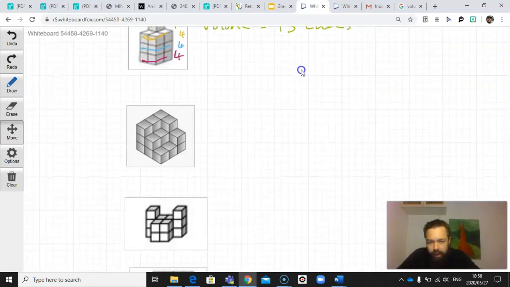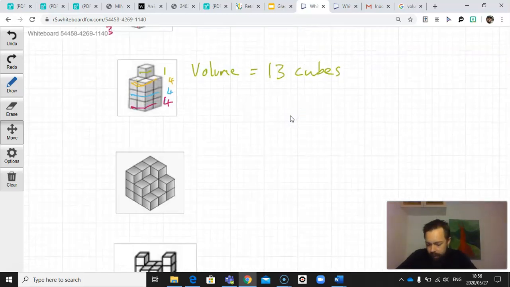Let's have a look at the next one. We've got 3 to go. So this one's a bit difficult because all of the levels are quite different. But let's start off with just a little bit of logic. So 1, 2, 3, 4 on the top level. We've got the 4 that are underneath the pink ones on the second level as well. And then we've got these extra 3. So we've got the 4 underneath there, 5, 6, and 7. We can actually see one of them, but we'll count on the top of the square, so we won't count that.